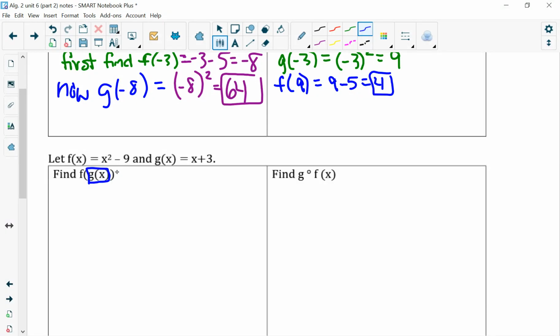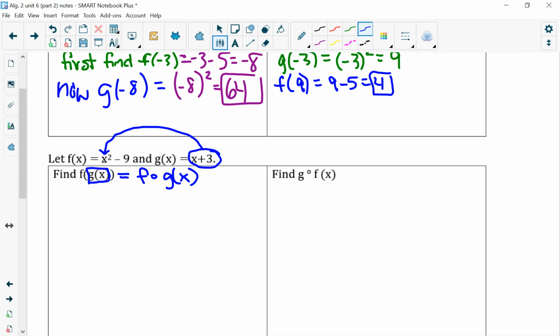This means actually the same thing as f following g of x. My g function is x plus 3, and I'm going to plug that into my f function wherever there's a variable.